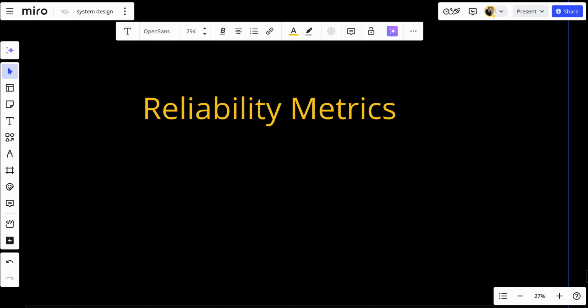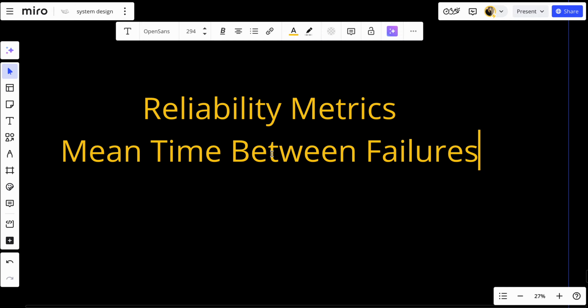Okay, let's talk about reliability metrics. When measuring reliability, there are a few key metrics we should focus on. First, the mean time between failures. This is the average time between system failures.